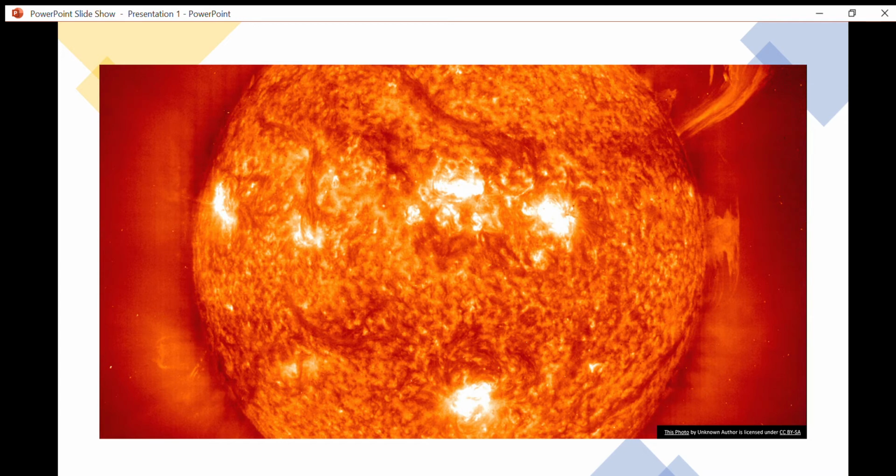It's only about 3,500 degrees Fahrenheit, which is 2,000 degrees Celsius, cooler than the rest of the surface. That's already a lot of temperature.